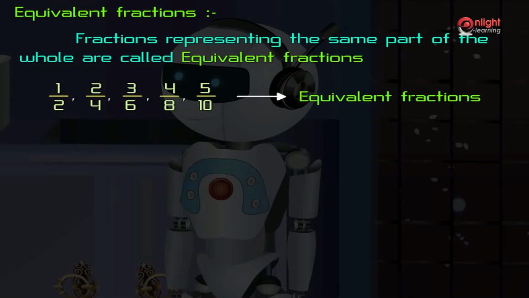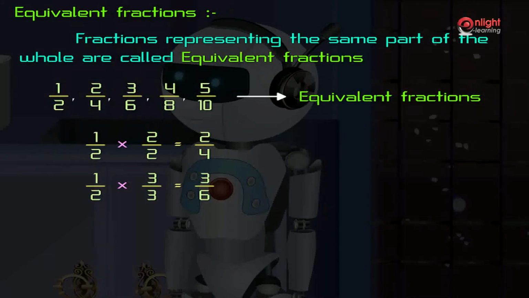You will notice that 2 by 4 can be got by multiplying the numerator and the denominator of the fraction 1 by 2 by 2. Similarly, 3 by 6 is got by multiplying the numerator and denominator of 1 by 2 by 3.